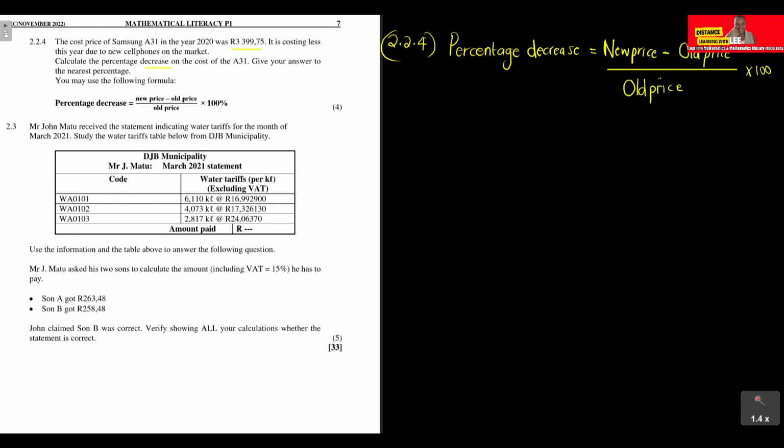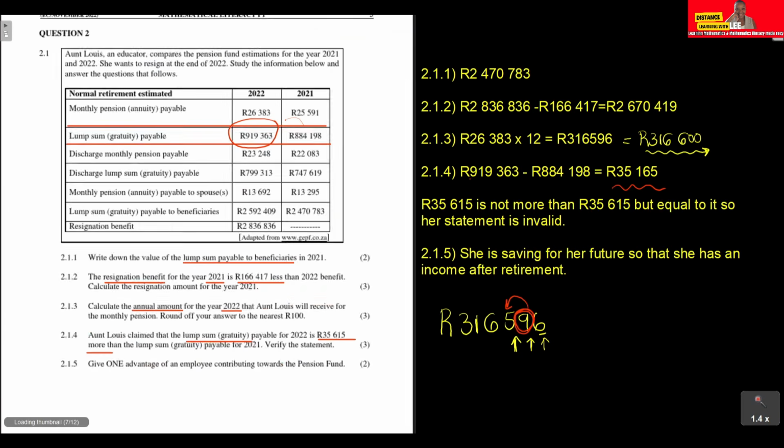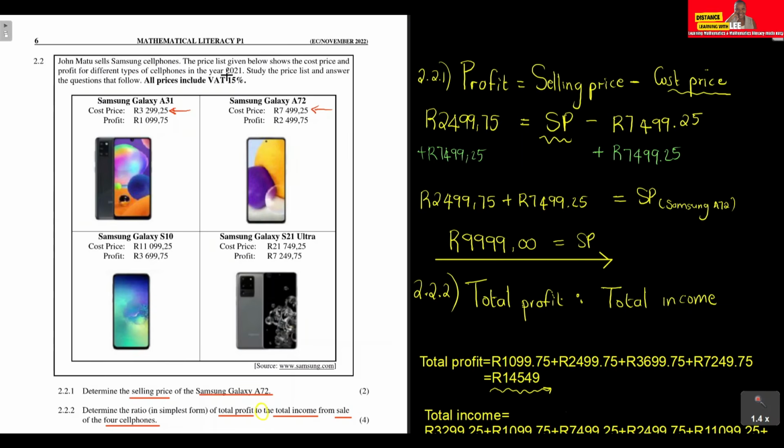Here we are given the cost of the Samsung in the year 2020 as 3,399 rand and 75 cents. However, when we look at the information given to us, what is the cost of the Samsung A31 in the year 2021?